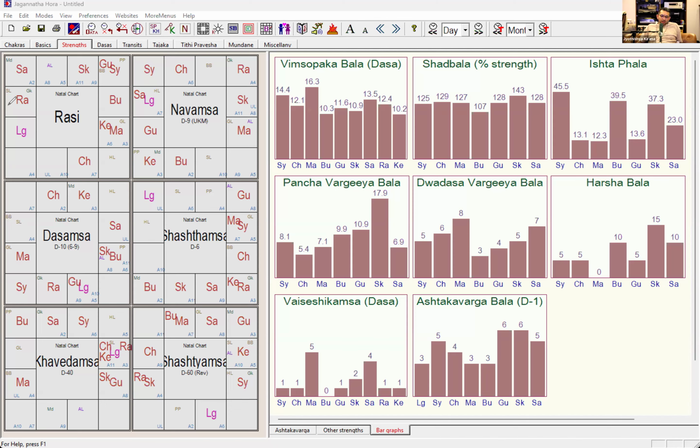Now, if 107 is your Buddha's Shadbala, 143 is your Shukra's Shadbala, and Buddha and Shukra come together for something, who will win? Avastha will determine it. No, let's assume that Avastha will not determine who is going to overpower. Strength is different. See, if Shukra and Buddha have a fight, Shukra will empower.